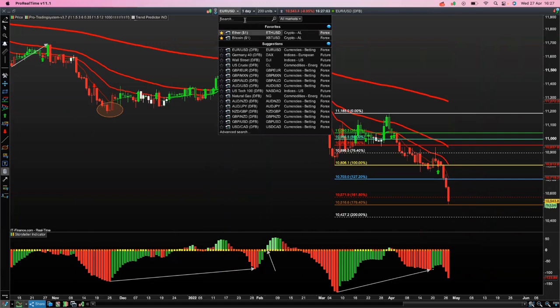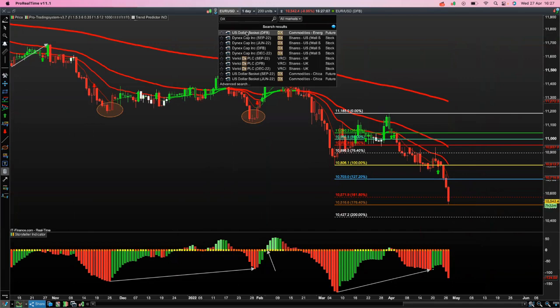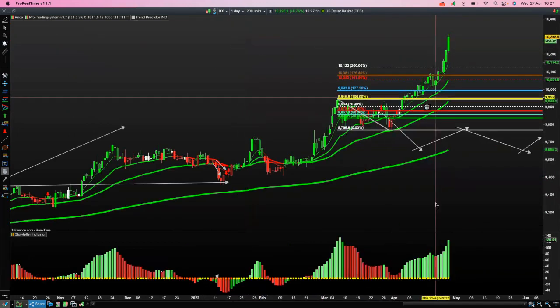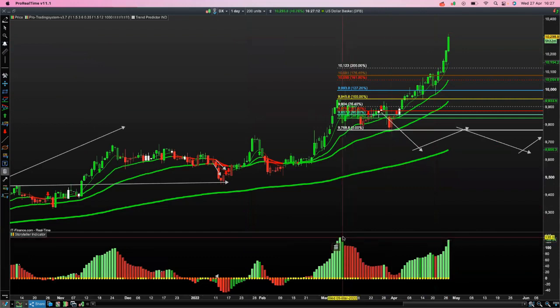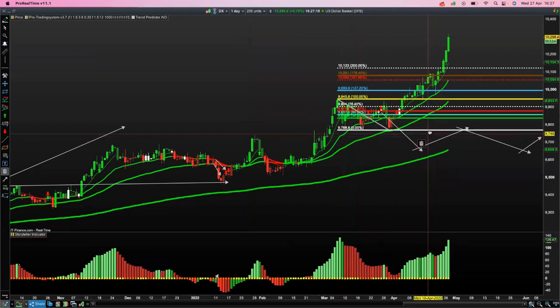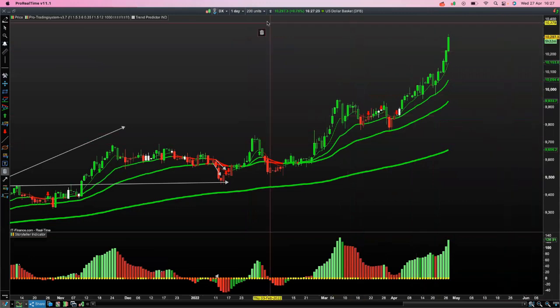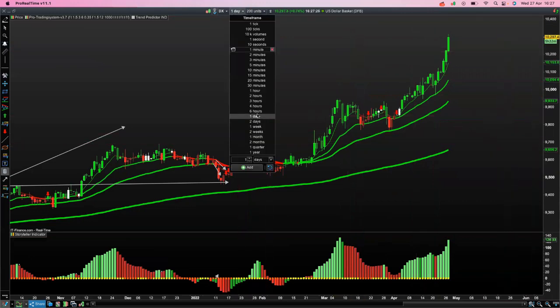We look at the dollar index, and really the dollar basket, it is completely the opposite of the euro dollar, because the euro dollar makes up a good 30% of it, and all of the other dollar related pairs. So it's been long and strong, and absolutely fantastic upside movement.